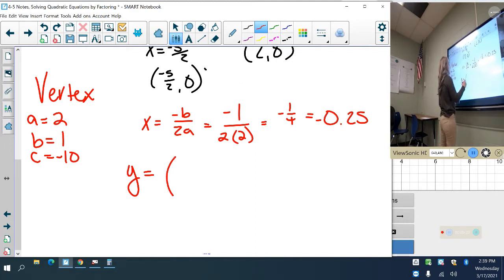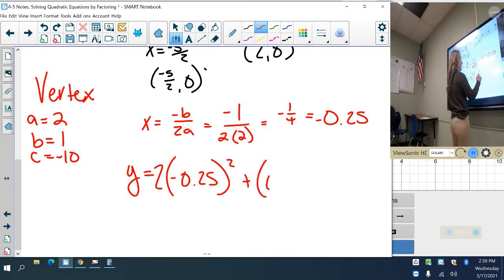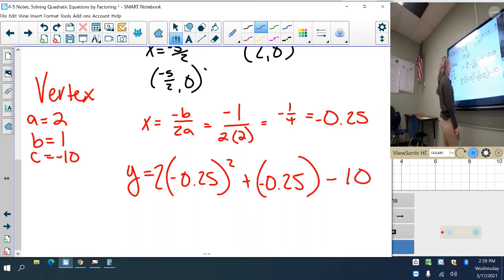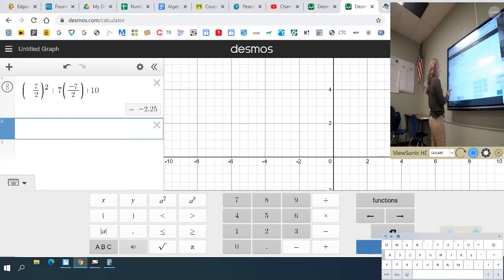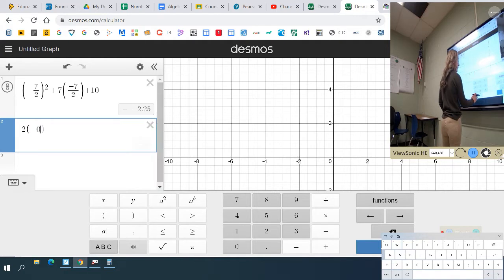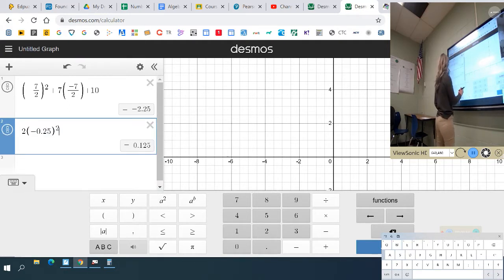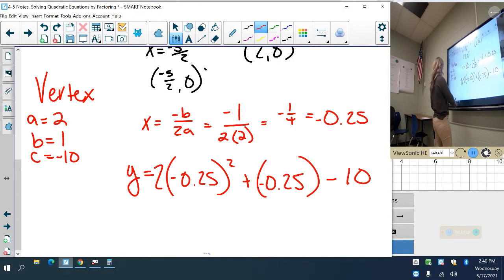So I have 2 times negative 0.25 squared plus negative 0.25 minus 10. So let's go ahead and plug that in down here. I have 2 times negative 0.25 squared, plus a negative 0.25, and then I believe it was minus 10.